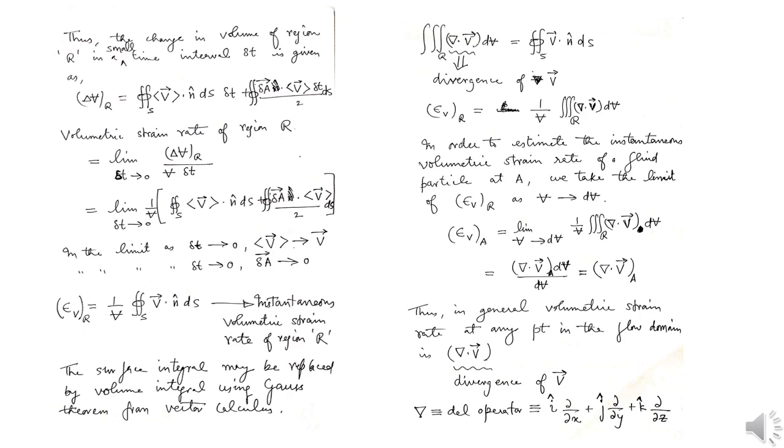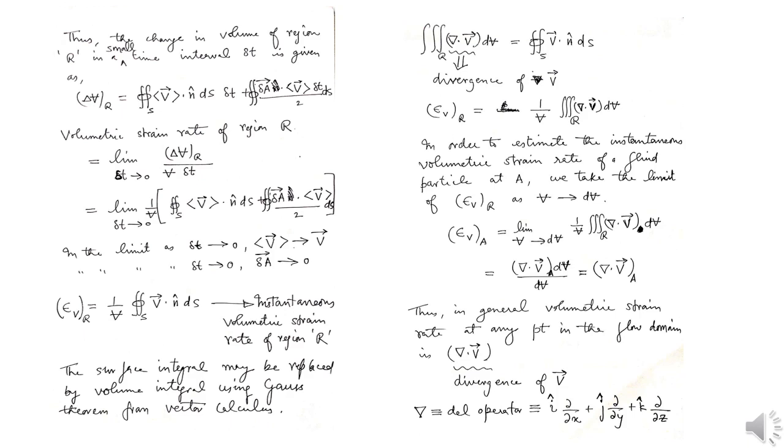It says that if you have some kind of vector function, in our case the velocity field, and you consider any material region in the flow domain and integrate over its surface the normal component of the velocity field, V dot n ds, then this surface integral can be readily shown to be equal to the volume integral of del dot V, which is known as the divergence of V. Now this is a new operator.